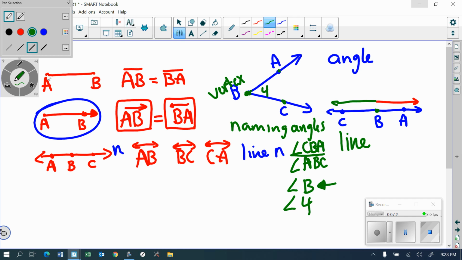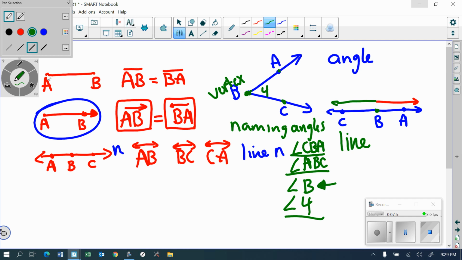I will always be using either the 3 letters, or if there's a number there, I could call it by the number. So if you're in doubt, do not use a single letter, use the 3 letters, or if there's a number there, use a number. If you don't get this down, you're in trouble the rest of the year because you have to name angles constantly. When you get to proofs, you have to name the angles correctly and in corresponding order. So if you can't name them, you're in trouble.